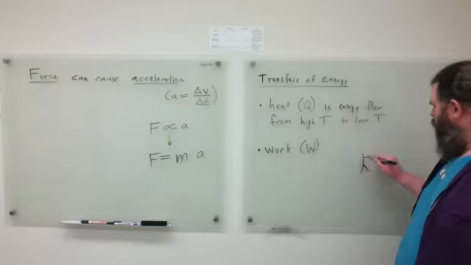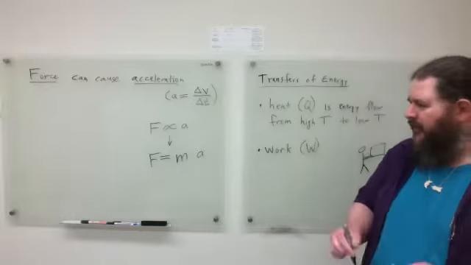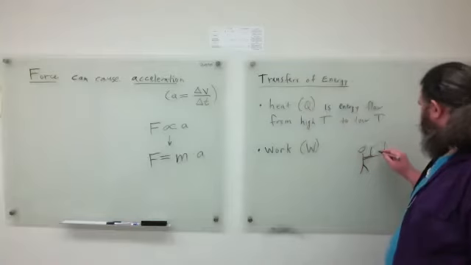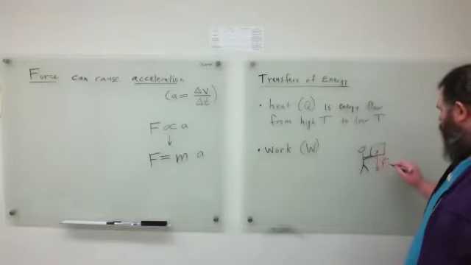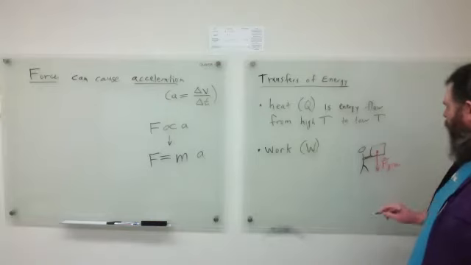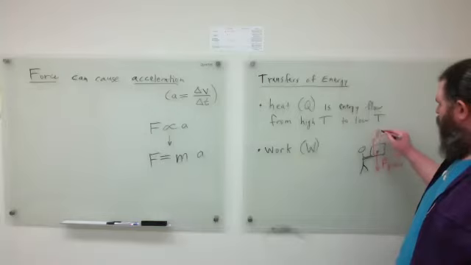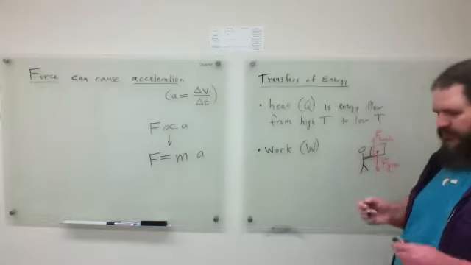Even if you're just holding the box in place, yeah, you're acting against gravity. The forces on this box would be, you've got gravity pulling it down, but you've also got your own hands pushing it up. So you've got a force of gravity pulling down and a force from your hands pushing up.